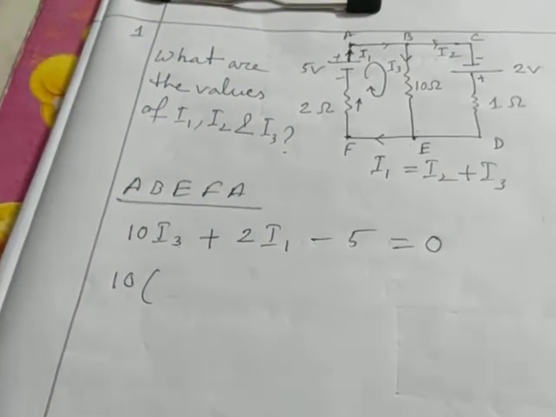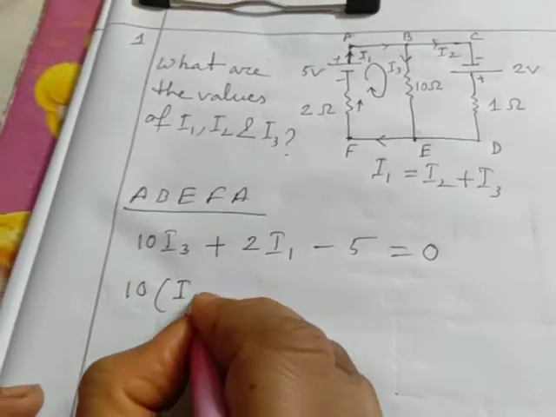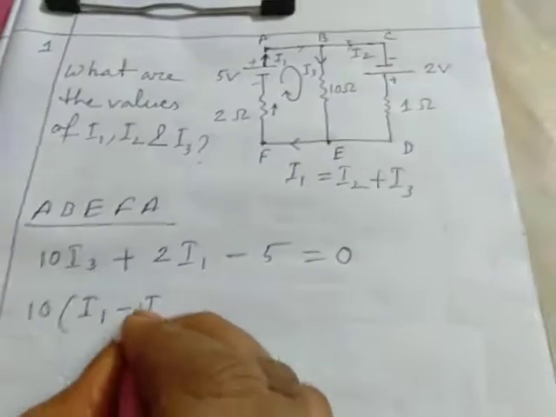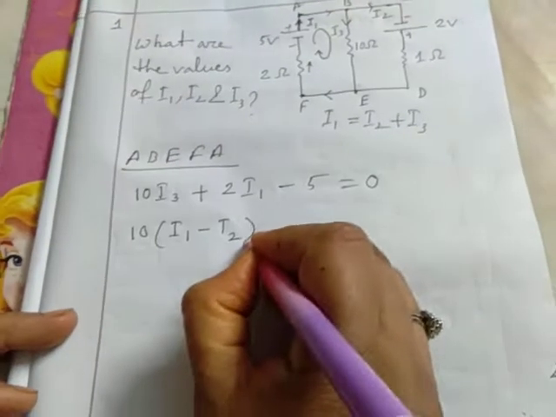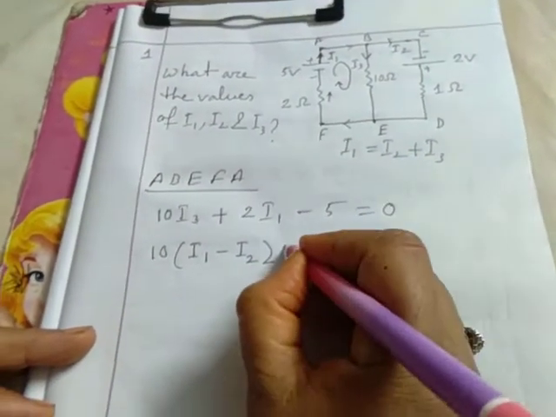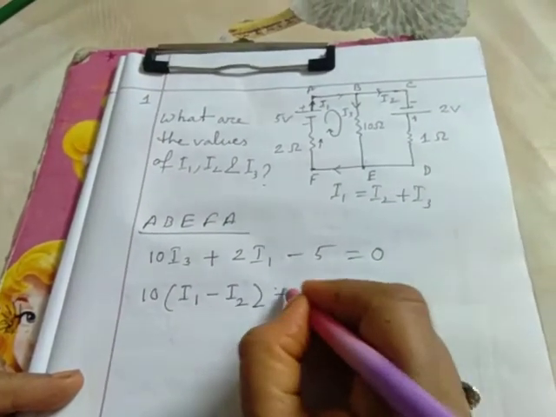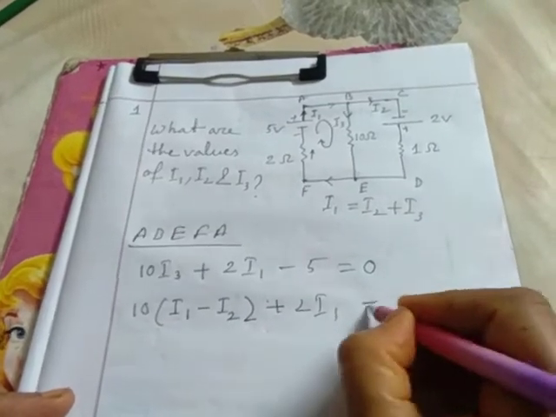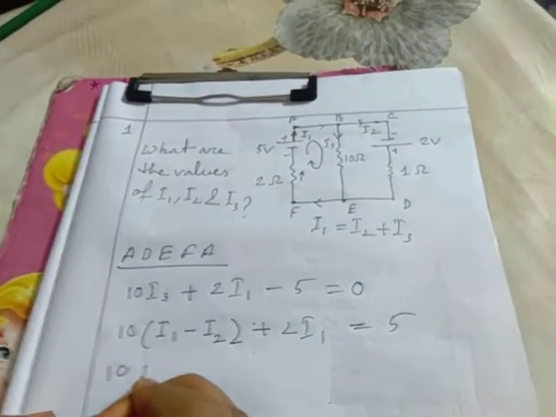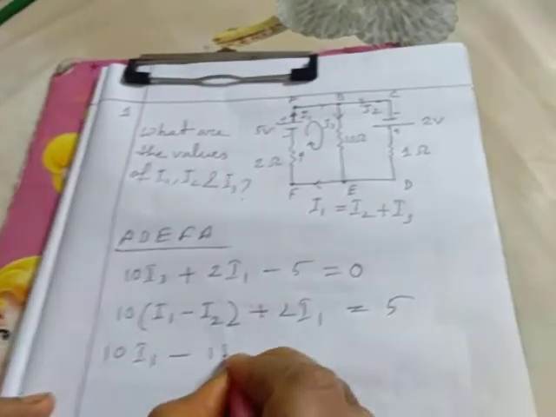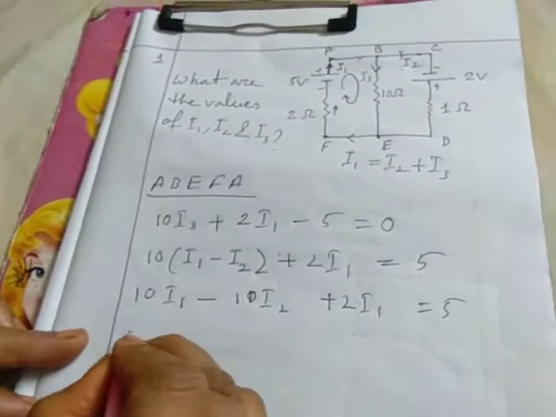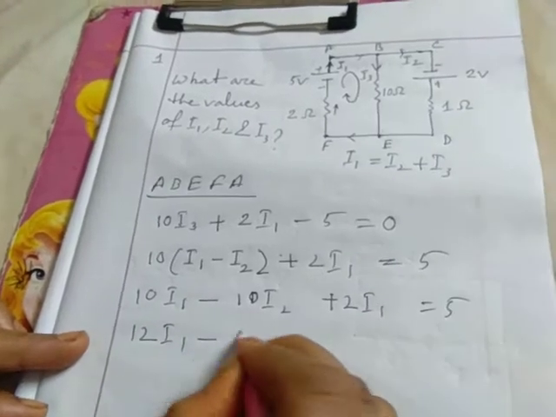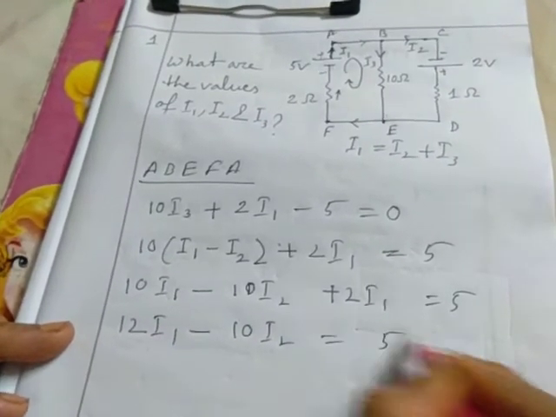So in place of I3 you can write I1 minus I2: 10 times (I1 minus I2) plus 2 I1 equal to 5. 10 I1 minus 10 I2 plus 2 I1 equal to 5. That means 12 I1 minus 10 I2 equal to 5.